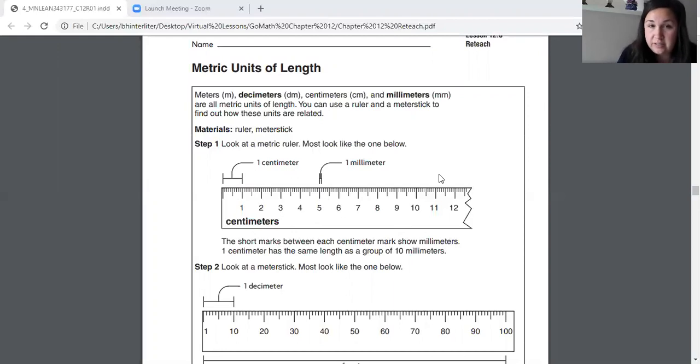So you can see the difference here, right? 1 millimeter is just one little tiny jump from one line to the other, where 1 centimeter is 1 to the whole number, okay? So you can see the difference between millimeter and centimeter here. The short marks between each centimeter mark show millimeters. 1 centimeter has the same length as a group of 10 millimeters. So if you put 10 millimeters next to each other, you're going to equal 1 centimeter.